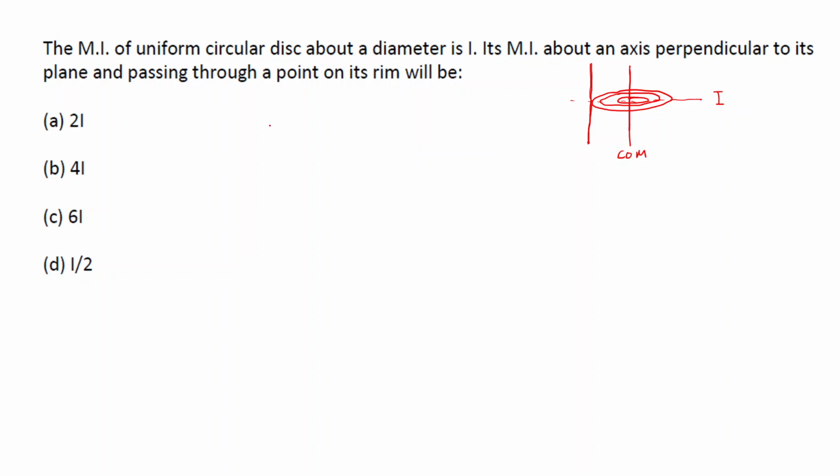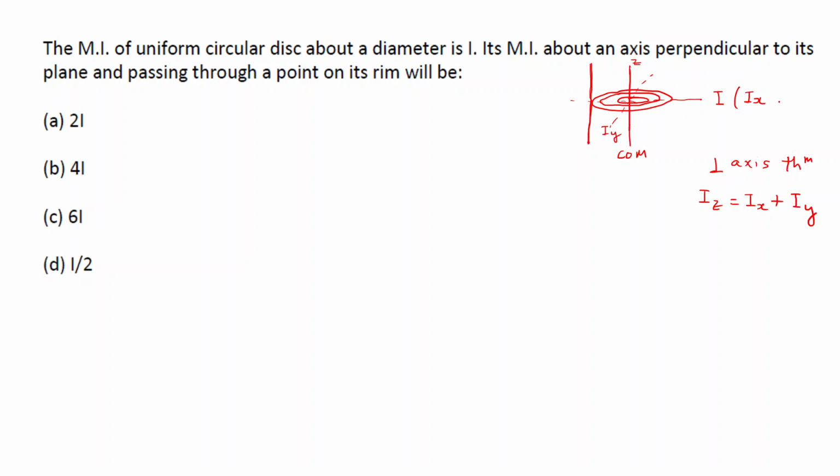Okay, so from the perpendicular axis theorem, we know that Iz is Ix plus Iy. If I call this Iz, then this is some Ix maybe, and here perpendicularly there will be Iy.